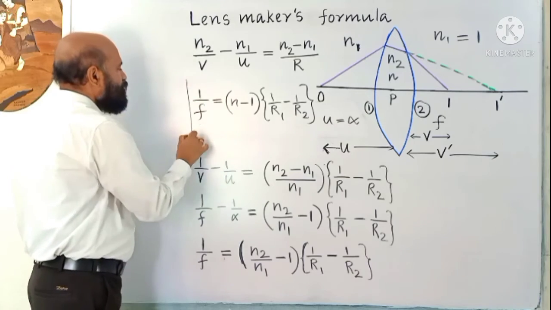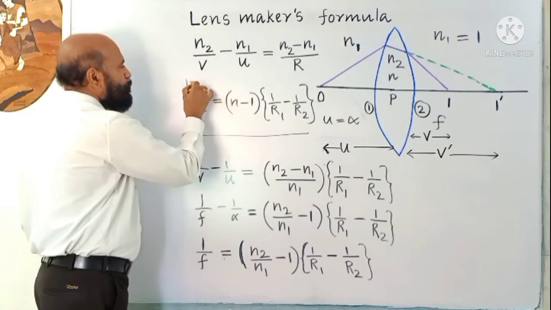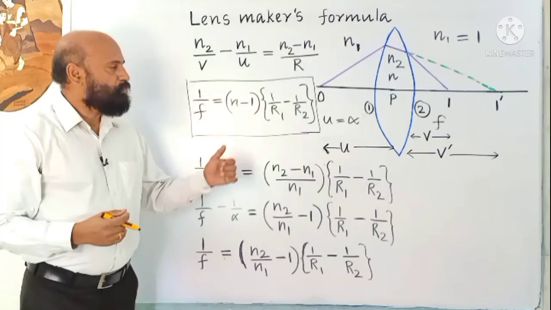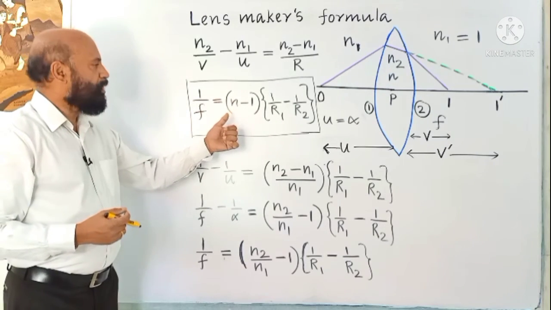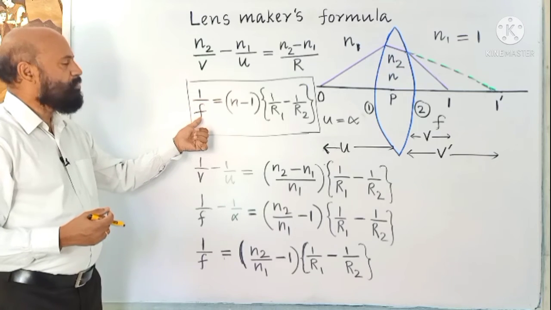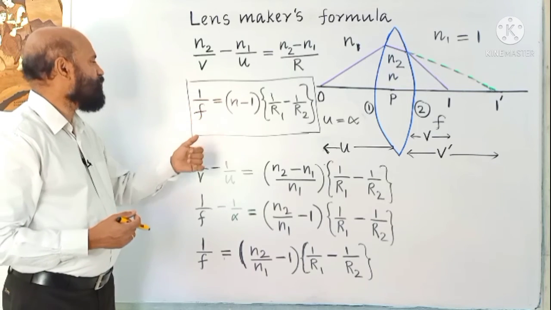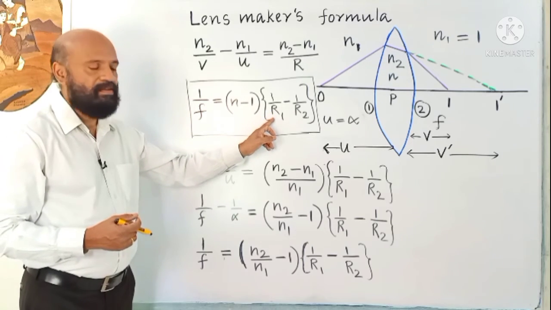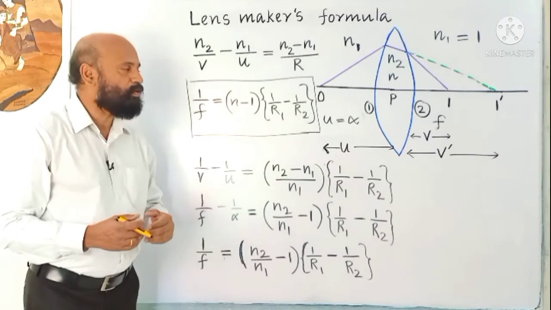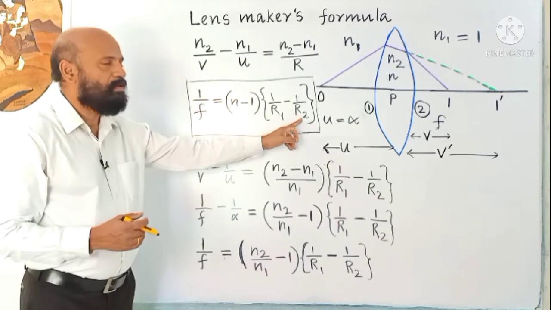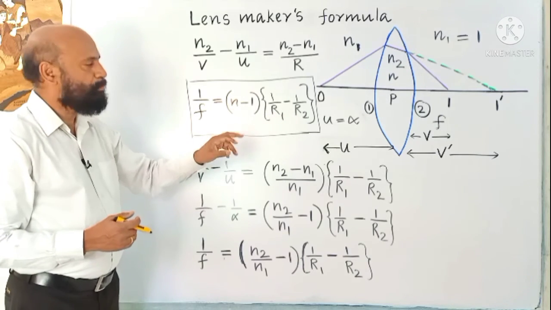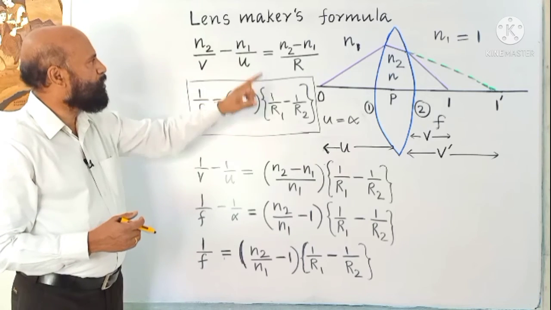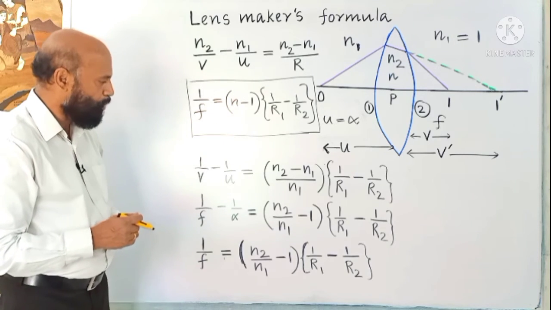This equation is known as the Lens-Maker's formula. Using this formula, they can make a lens with a particular focal length. For that they can decide the radius of curvature required with a material of particular refractive index. That is why it is called the Lens-Maker's formula.